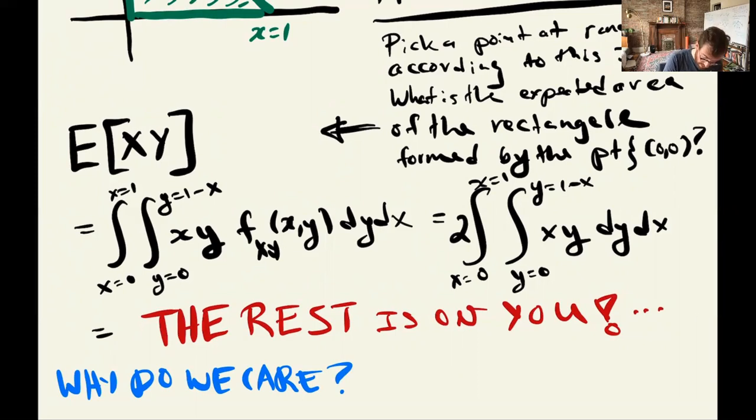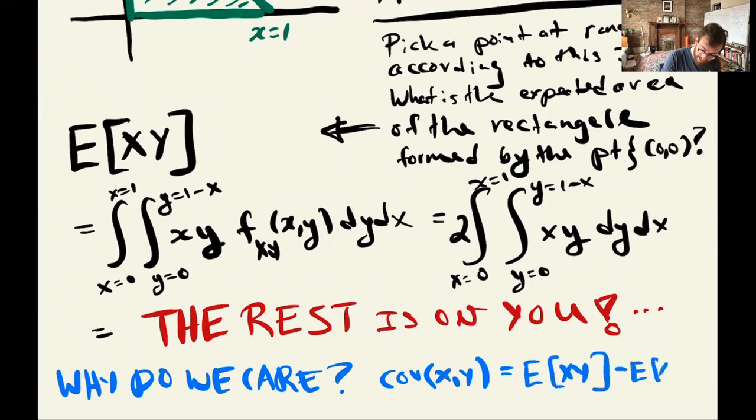One thing to note is that when you want to compute the covariance of two random variables, x and y, this is equal to the expectation of x times y minus the expectation of x times the expectation of y. This ends up being our detector to determine whether or not x and y are independent.